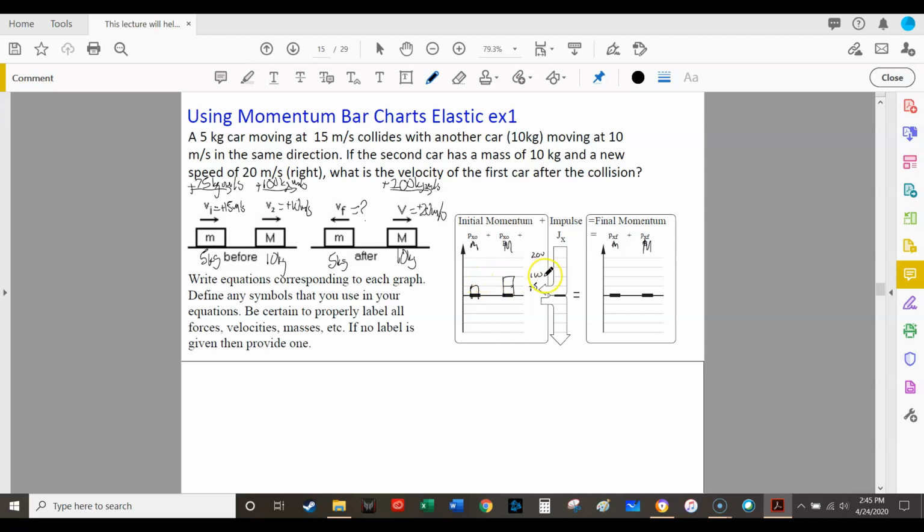Well, after the collision, it's now traveling at 200 kilogram meters per second to the right. And for that to happen, this is 3 blocks, is going to be equal to 4 blocks. That can't make sense.